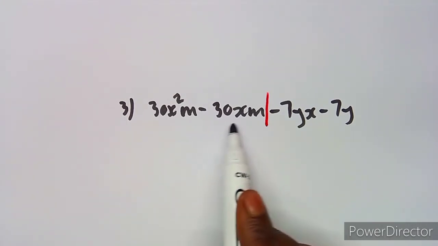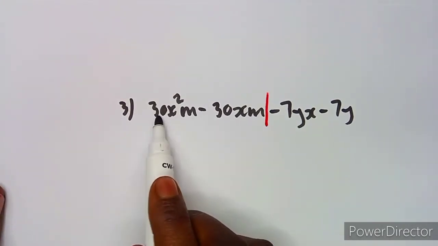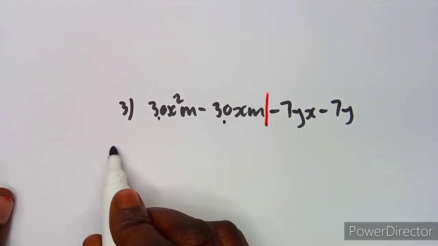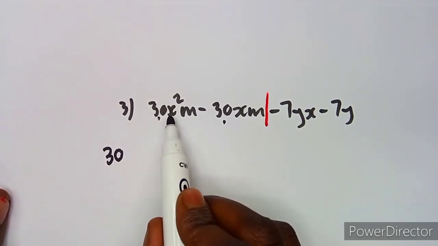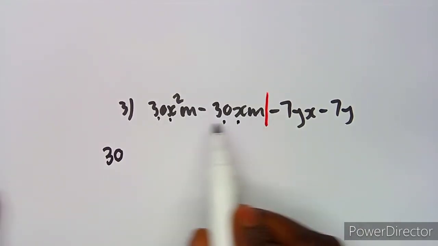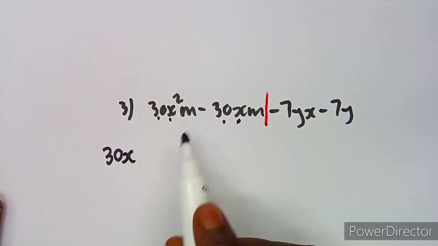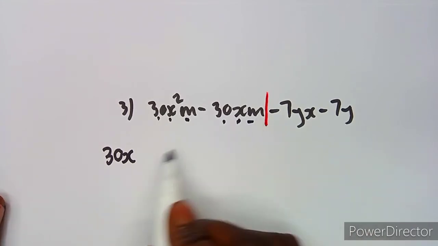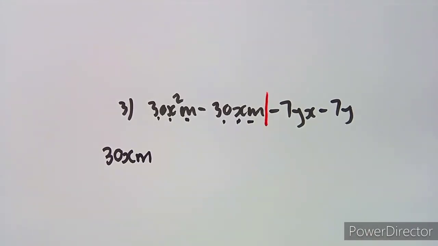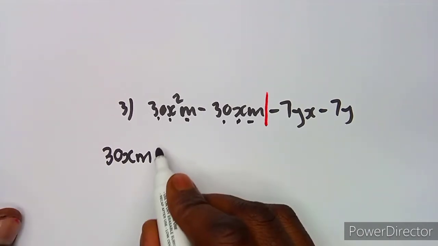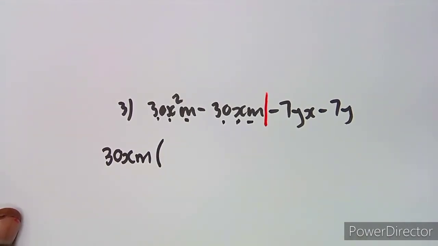Remember, we're going to factorize them separately. So 30 and 30 here is common, so you can factor out 30, x squared and x. Remember, we take the one with the smallest exponent, which is x. We have got m and m, so we're going to factor out also m. So 30xm is a common factor. Now we're going to remain with what?